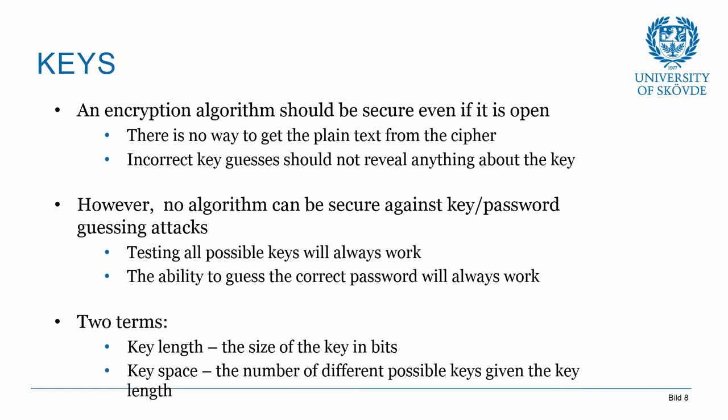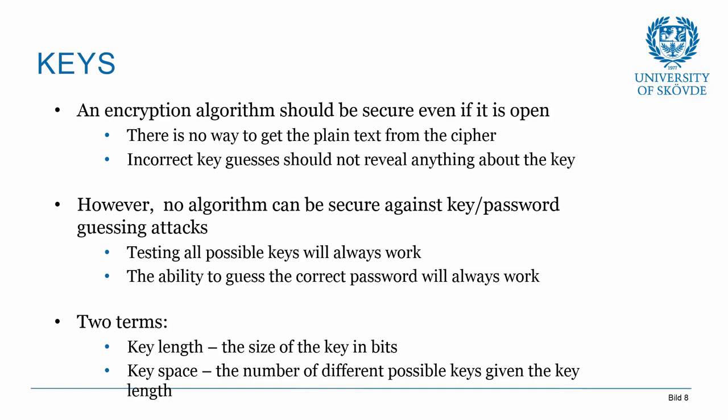So a fundamental property of modern day encryption algorithms is that they should be secure even if they are open. So in history we've used encryption algorithms where we rely on the encryption algorithm itself being kept secret. But in modern day computing, we assume that the encryption algorithm is known to everyone and it should be secure anyway.